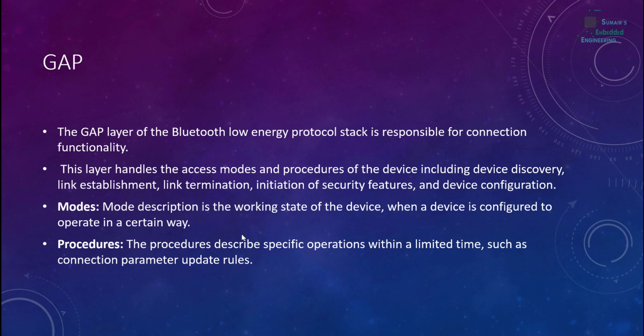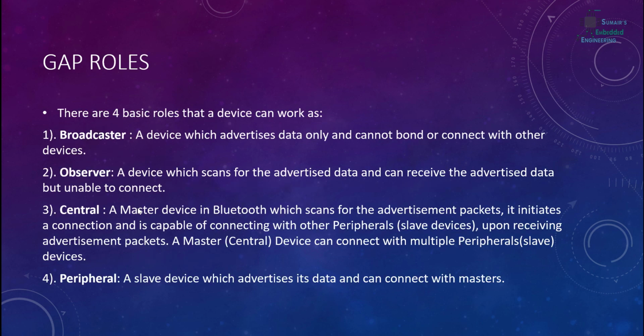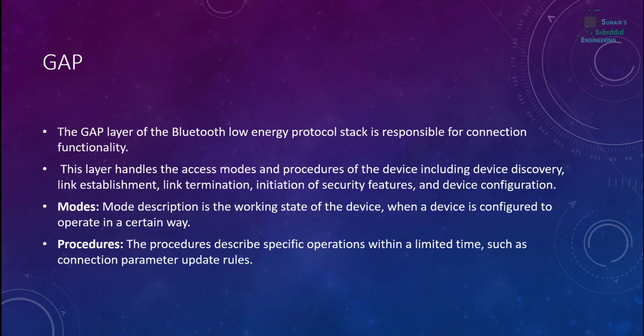A device can be in different modes. For example, if it's a peripheral, it can be in broadcasting mode. If a device is a master device, then it can be in scanning mode. So what types of modes are there depends on that.